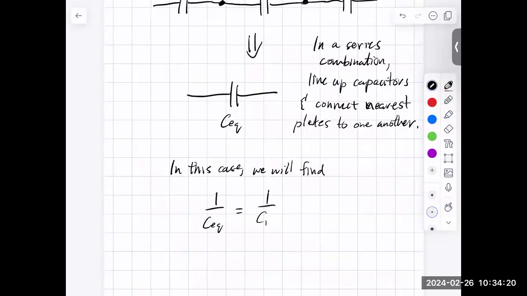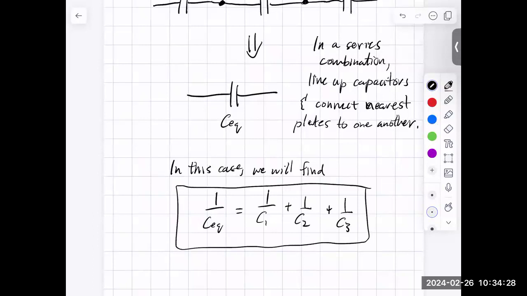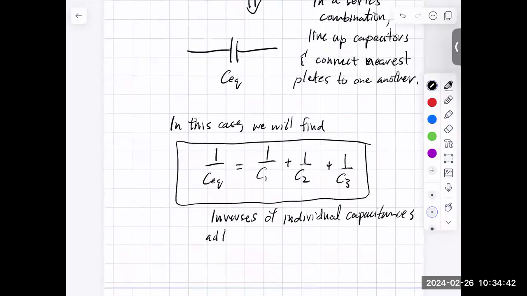So 1 over C1 plus 1 over C2 plus 1 over C3 is equal to 1 over C equivalent. The inverses of the individual capacitances add to give not C equivalent, but the inverse of C equivalent.